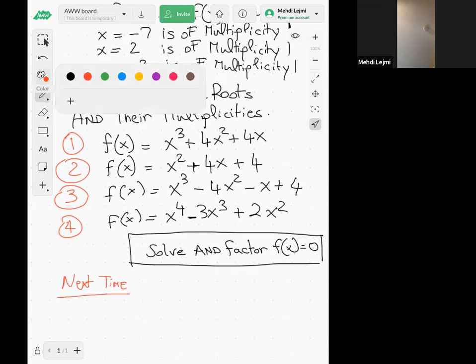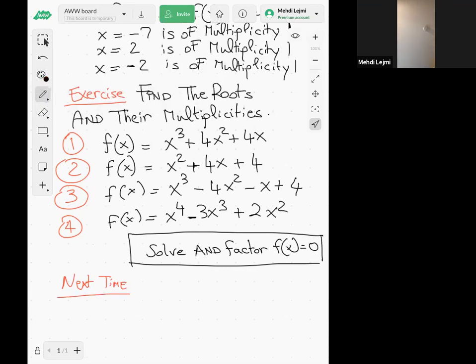So what we're going to see next time is that if the multiplicity is even, you have a root, so we have an x-intercept here, but the graph is going to touch the x-axis and turn around, okay? But if the multiplicity is odd, again you have a root, which means you have an x-intercept.